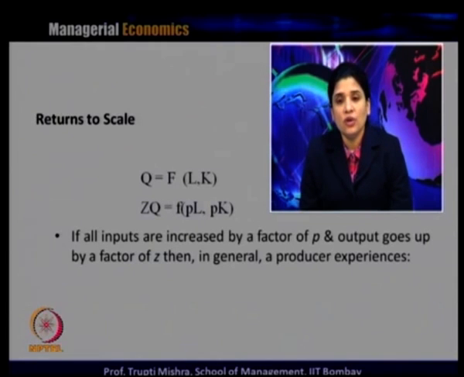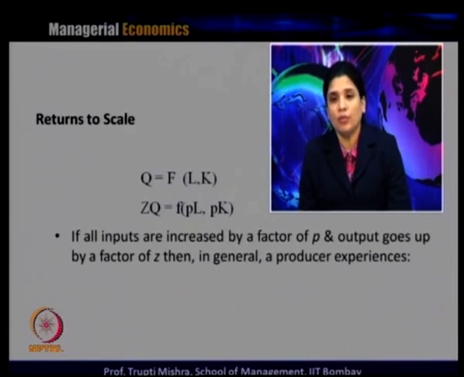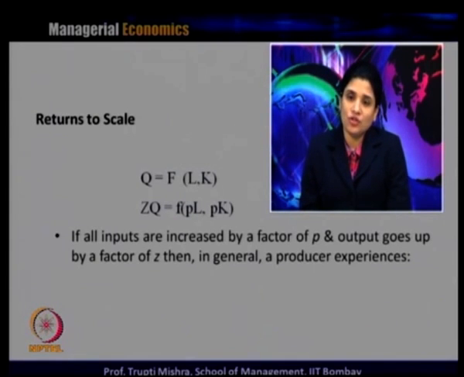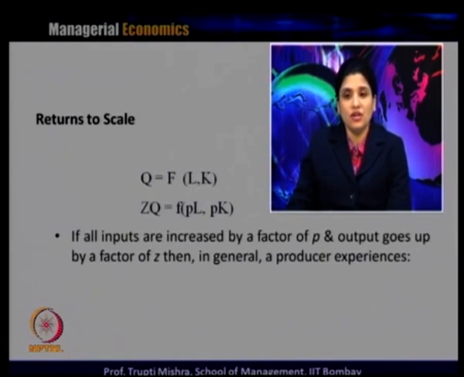So suppose, in order to increase the output Q, L is changed by P amount and K is changed by P amount, meaning both inputs are changed in the same proportion, and the output goes up by factor Z. Then in general a producer experiences three types of scale relationship. The input changes in the proportion P and the output changes in the proportion Z.